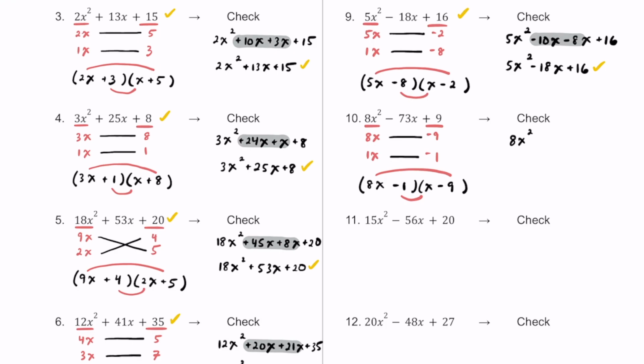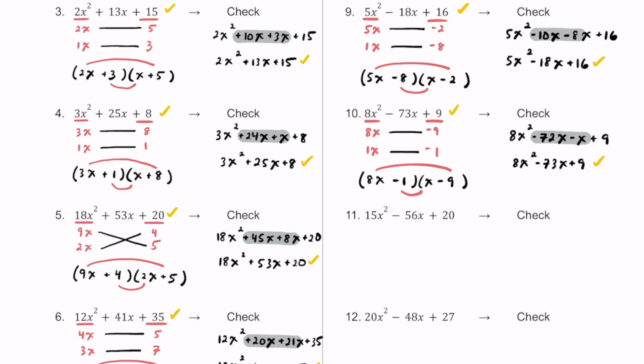The outers is going to be negative 72x, and the inners is going to be negative 1x. If we just write negative x, that's fine. And then we can check this negative 1 times negative 9. That's going to be a positive 9. Combine negative 72x and negative 1x. That's going to be 8x squared minus 73x plus 9. Okay, so that is good to go.